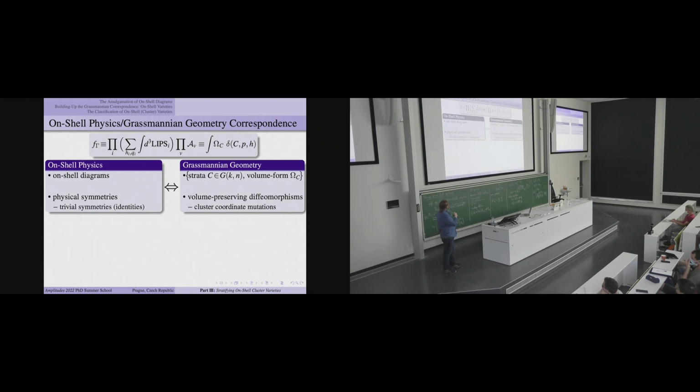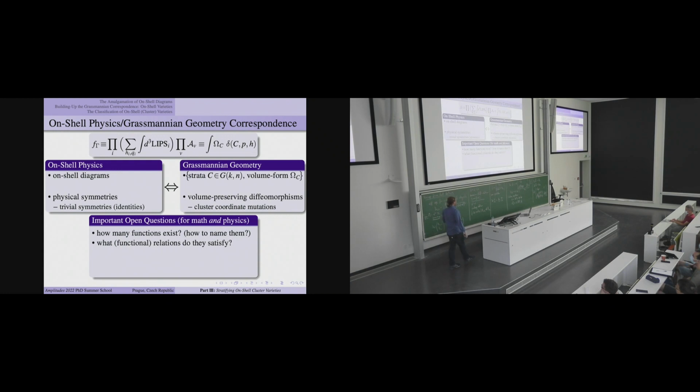And we have infinite dimensional symmetries associated with diffeomorphisms. And yet, outside of the extremely limited class of planar theories with maximum supersymmetry, we do not know the answers to any of these questions.